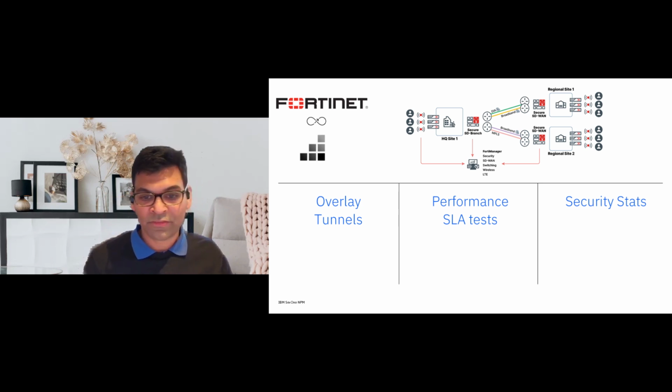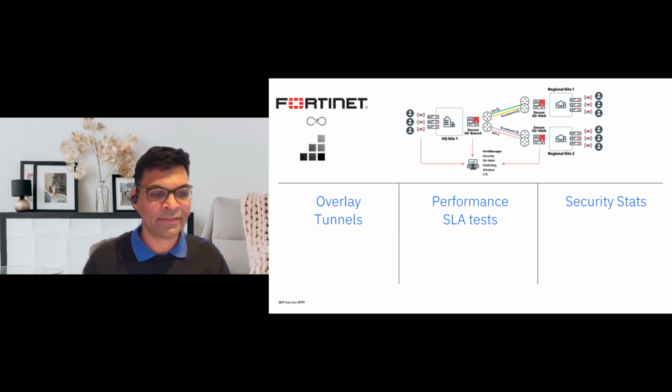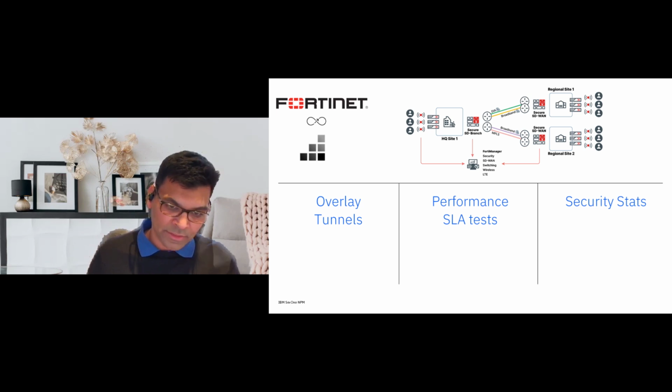So one of the brilliant things we've seen with Fortinet is we not only get performance stats that are important for SD-WAN, and one of the key things that we see is the performance SLA tests that Fortinet does to applications. So you can create synthetic tests from the edge to a Google or to Office 365 or what have you. But we also collect the security stats.